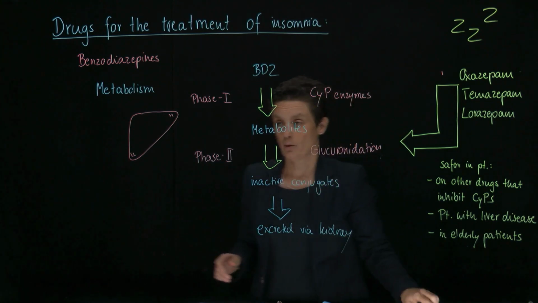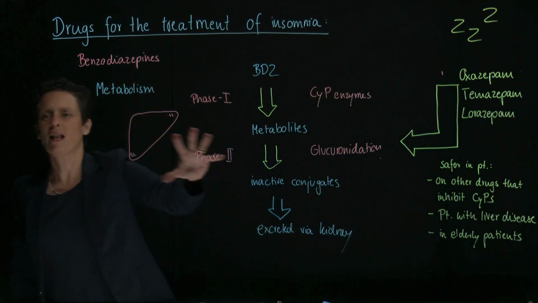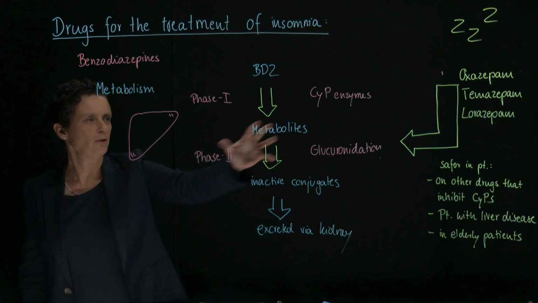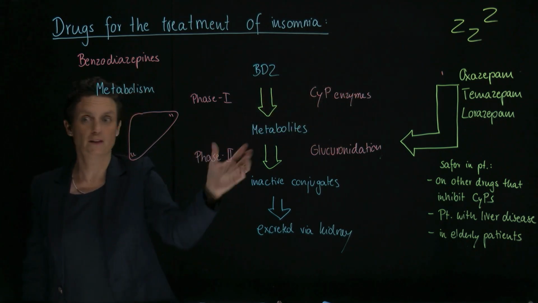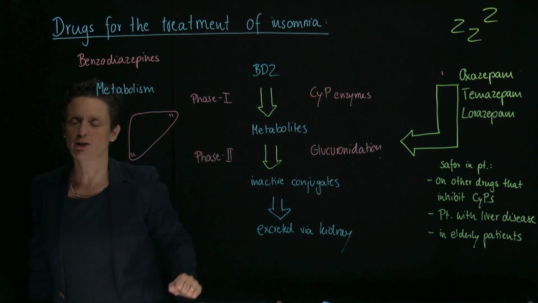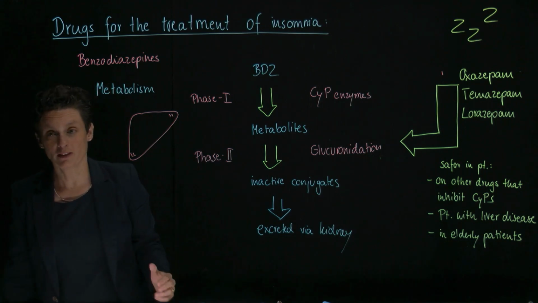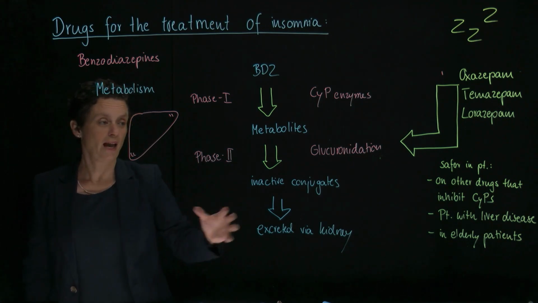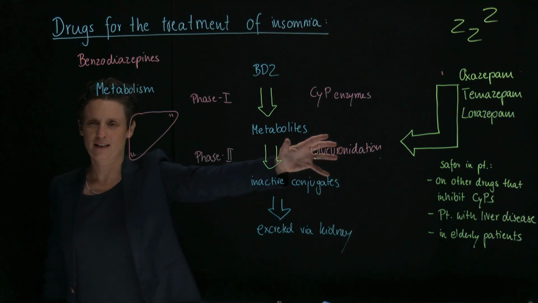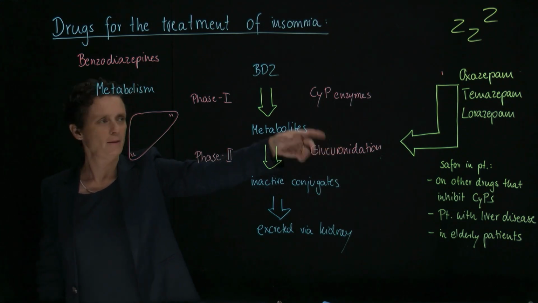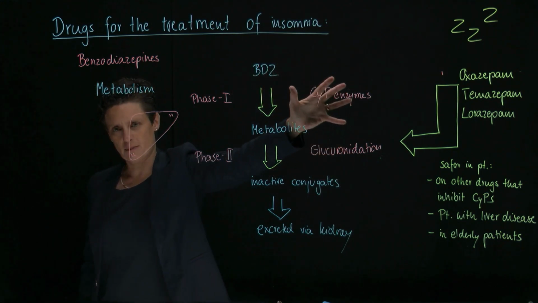Now you might say, wait a second, this all happens in the liver. So why do we care so much about phase 1? Phase 2 also happens in the liver. Why should that be an advantage? Well, it just turns out that we always have access to these glucuronidation enzymes, but we have a limited amount of CYP enzymes.